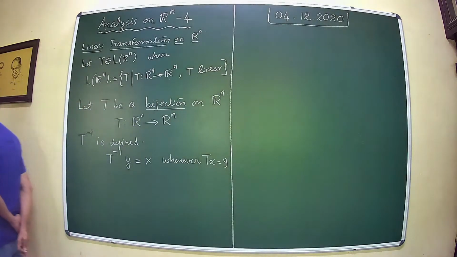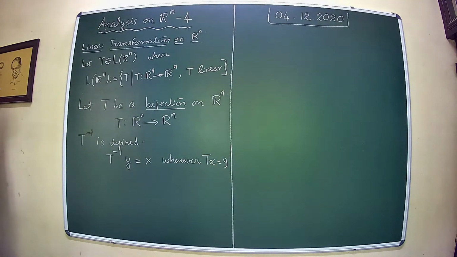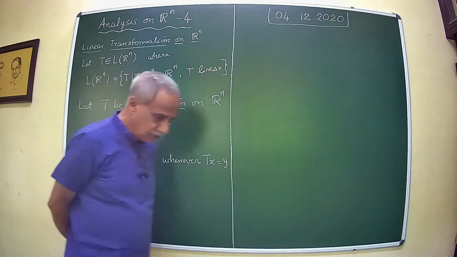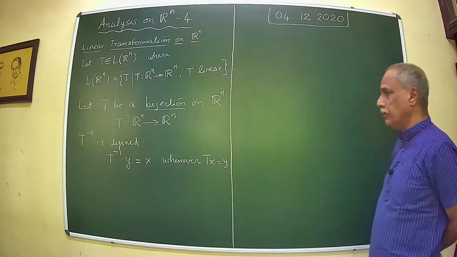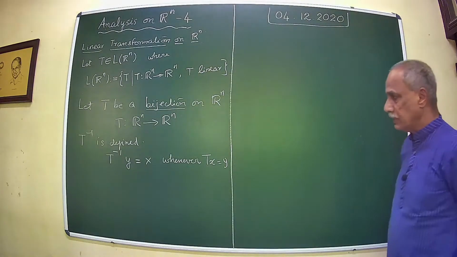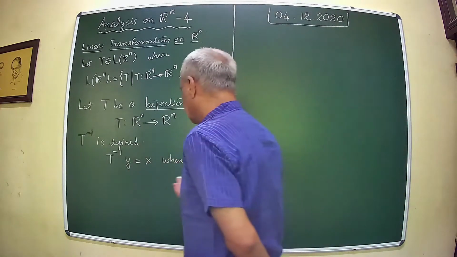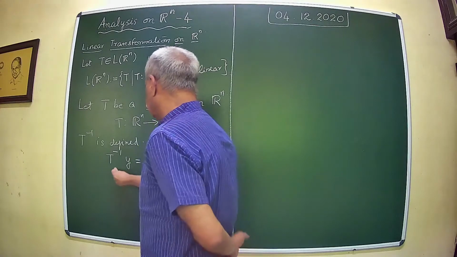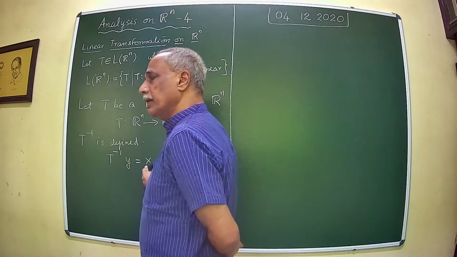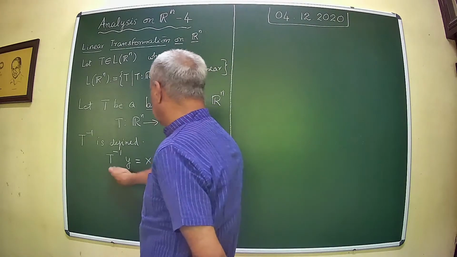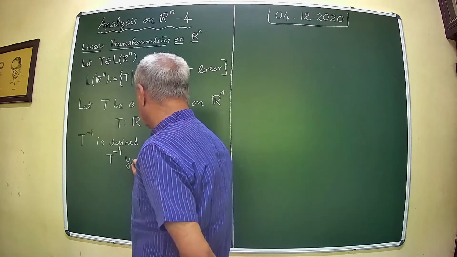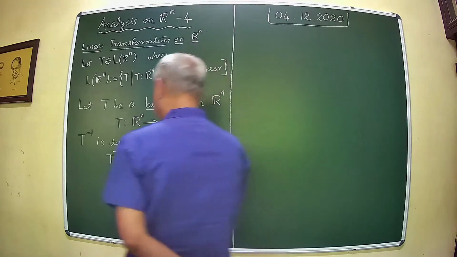You see that T inverse is well defined, because T is one-to-one and T is onto, so T inverse is defined for every y belonging to Rn, and there is a unique image for every y under the map T inverse. This is the definition.